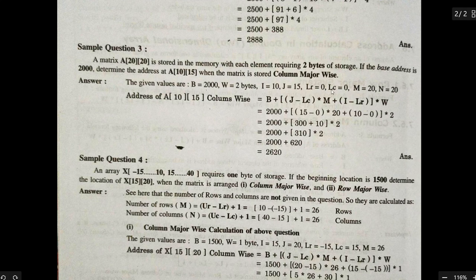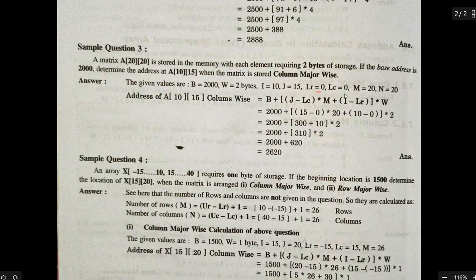LR is equal to 0 and LC is equal to 0, because in any case where the lower limit is not given. In the previous example, the lower limit of row and lower limit of column were given, which was 0. But in this case, the lower limit of column and lower limit of row are not mentioned here.